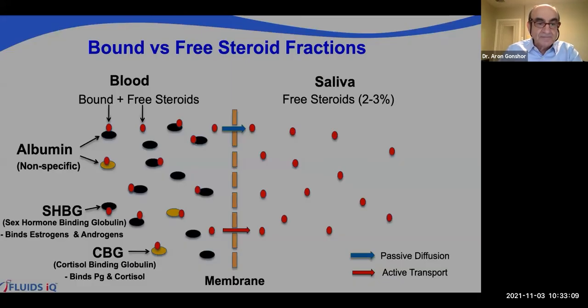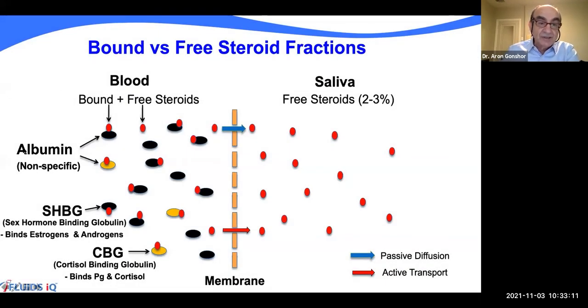What about saliva? Well, unlike what I mentioned before with blood, which gives you the bound and the free steroids, saliva, interestingly enough, only picks up the free steroids, because the steroid that's bound up with the various types of proteins cannot get through the salivary gland cells or between the cells.